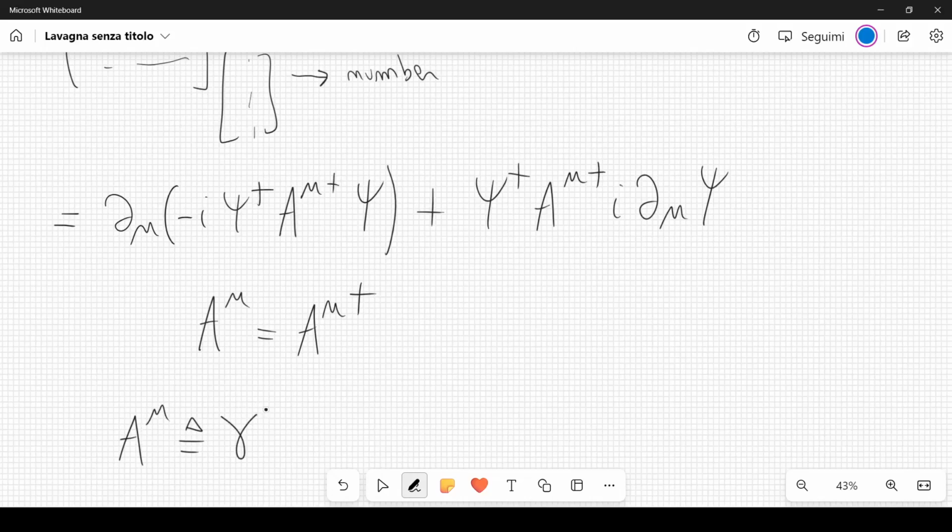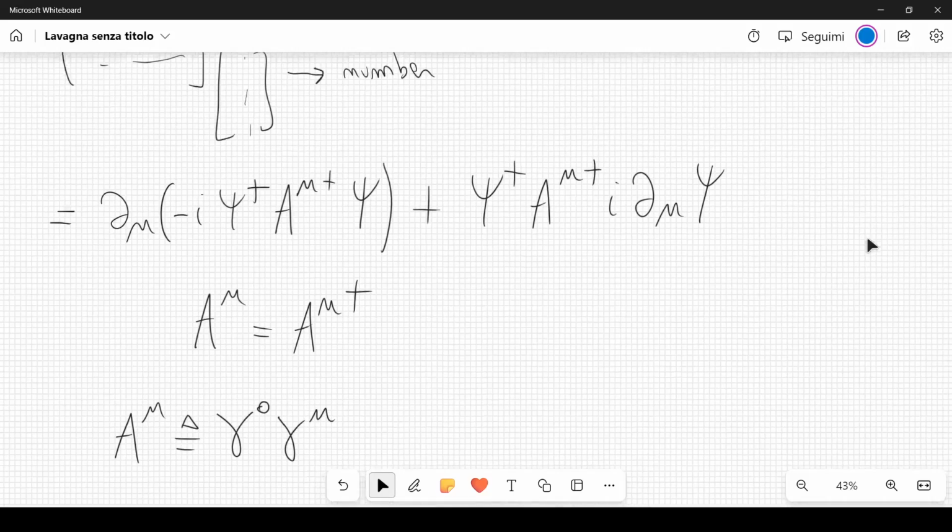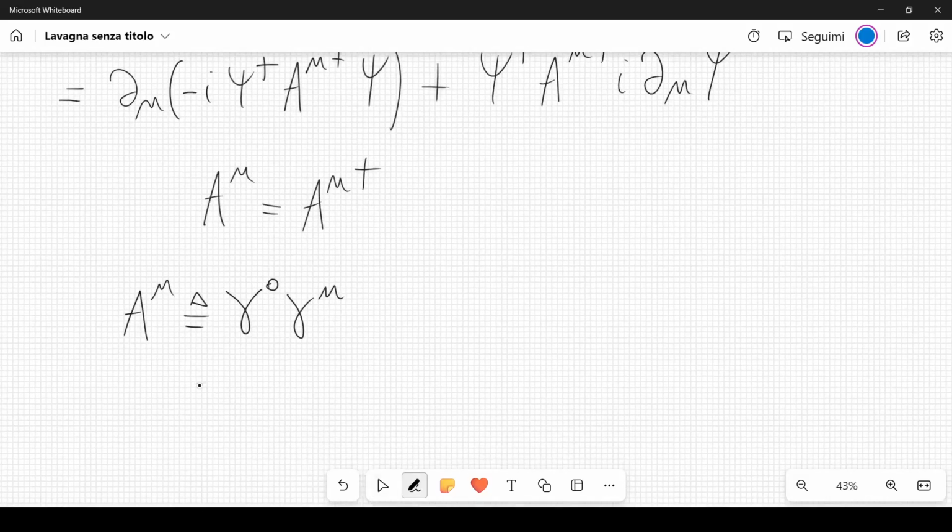In particular, I will call these matrices gamma 0 and gamma mu, where the index mu can go from 0 to 3. And this gamma 0 is already contained in one of these gammas here, gamma mu. When mu takes the value 0, you get gamma 0 squared here. But now, from this, we have to impose that gamma mu dagger, gamma 0 dagger is equal to gamma 0 gamma mu.